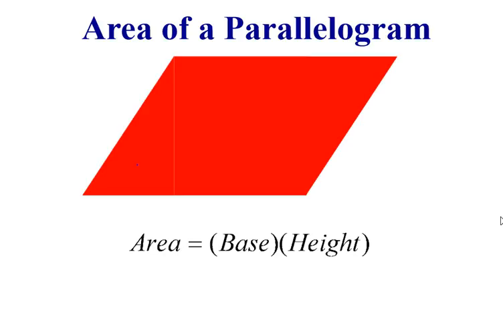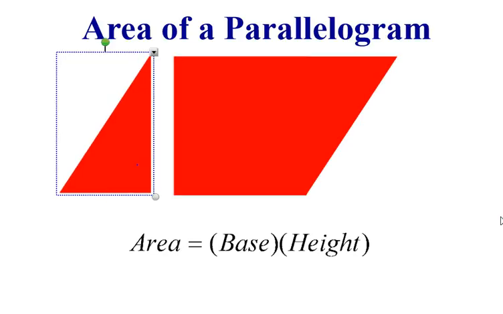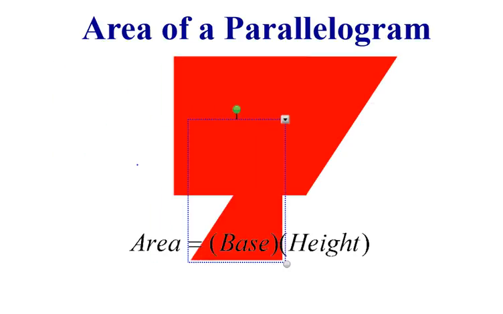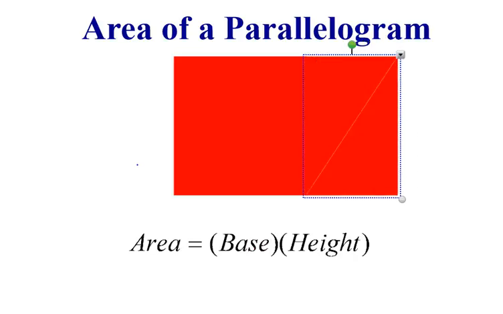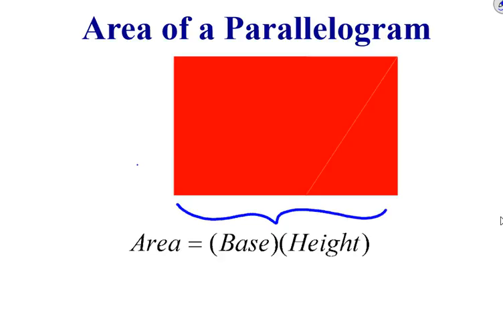If I were to cut off a right triangle from this parallelogram, like that, and move it over to the other side, we see that all of a sudden our parallelogram has become a rectangle, right? So the areas are the same, they're congruent. But the thing is, when we have a rectangle, we have a length and we have a width.